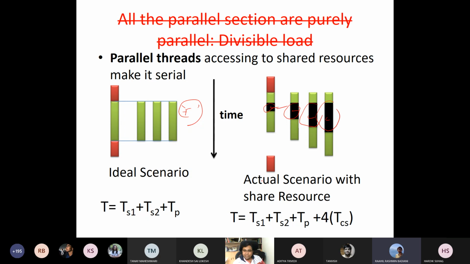In an actual scenario, shared resources increase the time, so we get 4 times the critical sections. The ideal scenario is what we use in Amdahl's law, but actually it happens like this. Amdahl's law is very ideal. Theoretically it is a very good model, but in real life it may not apply, though it is still a very good rough estimate.